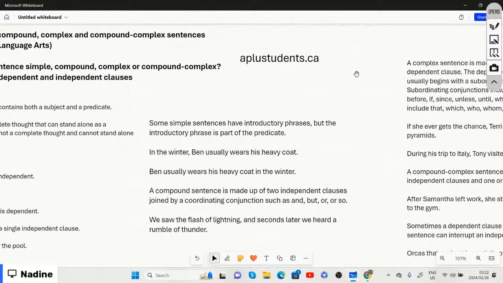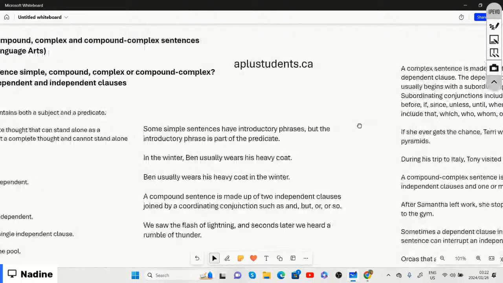So far, we've identified what a simple sentence is, and a simple sentence is made up of a single independent clause that can basically stand on its own. And then we have a compound sentence, right, which is made up of two independent clauses that are joined by a coordinating conjunction, such as and, but, or, so. And then we have a compound complex sentence.